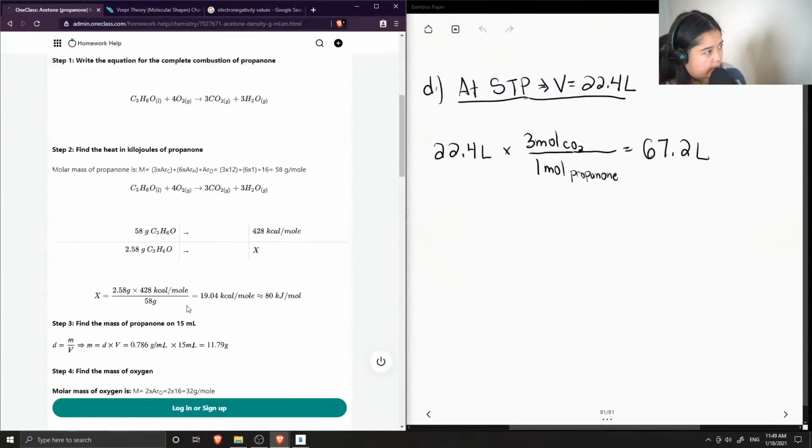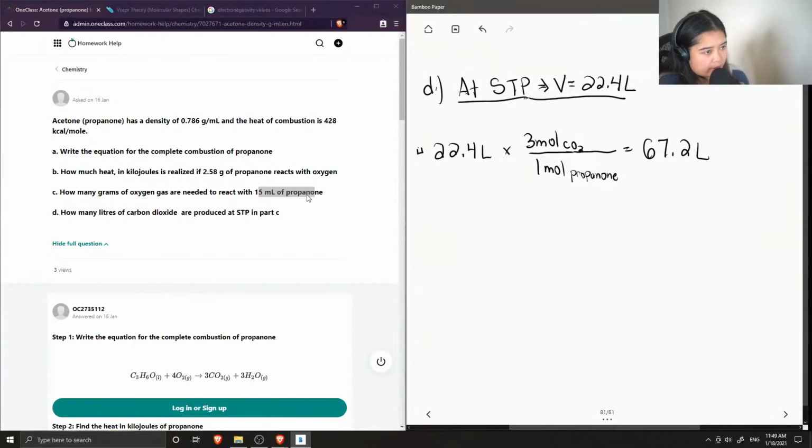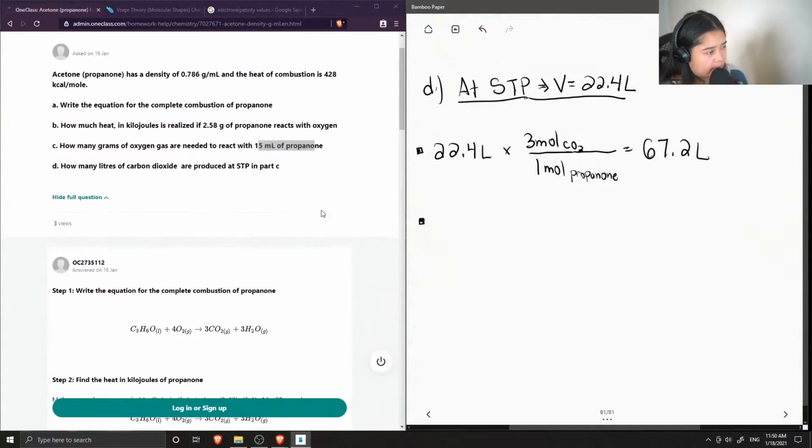Let me just read this question again. I think I'm also going to answer part D using 15 milliliters of propanone. So the 22.4 is the molar volume of a gas. But if we did have 15 milliliters of propanone, no, I guess that's correct.